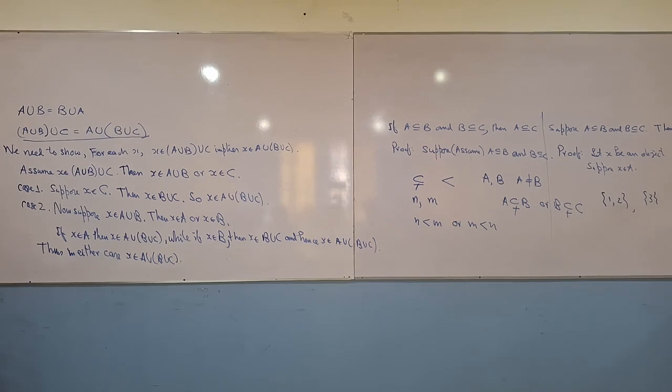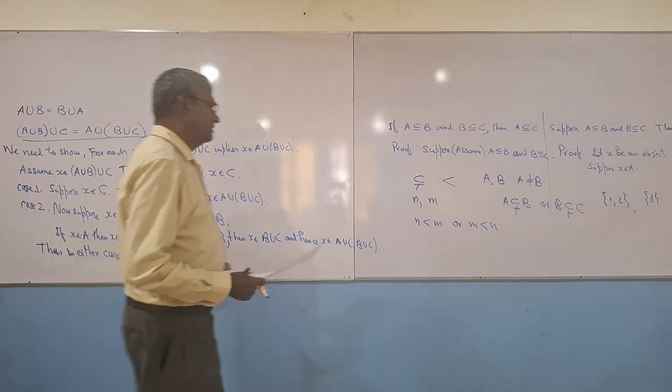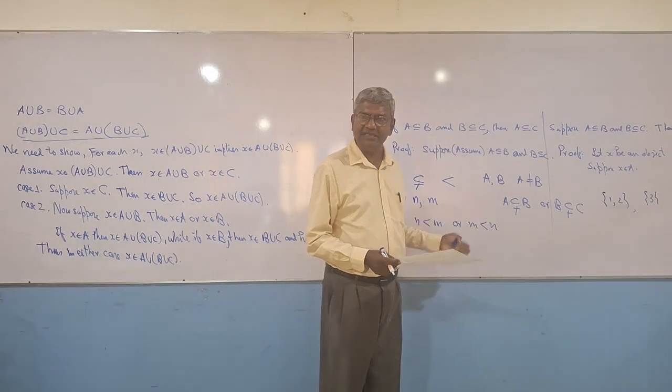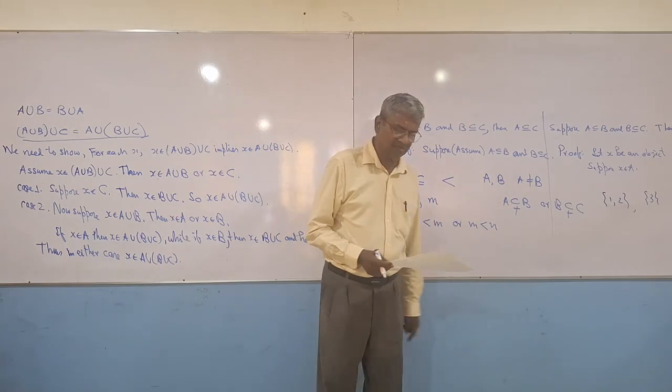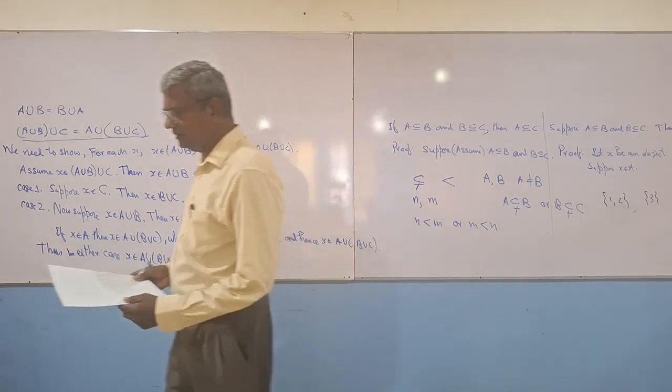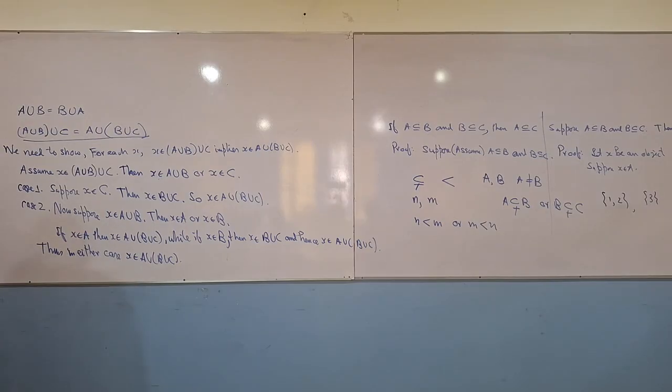You are going to learn these two words to some depth later. The sets are partially ordered. They are ordered but not completely. Numbers, not only integers, real numbers are totally ordered.